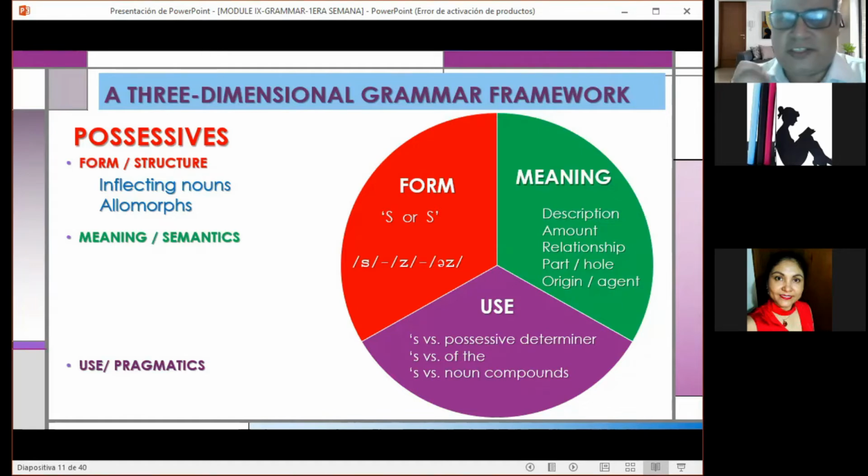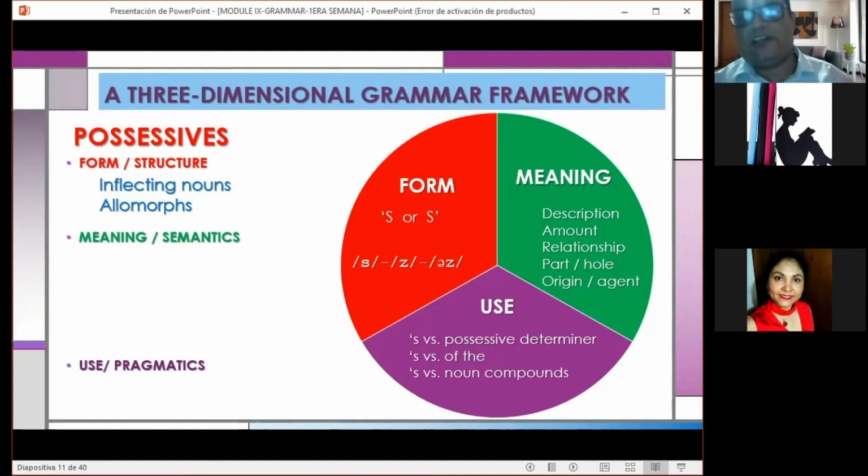We talked about this in morphology. Remember, this is the morphosyntactic. When we talked about the form, we're talking about the morphosyntactic and phonological or graphemic aspects. The second one is related to the morphological, phonological and graphemic aspects. Let's start with the first one, the morphological and syntactical.